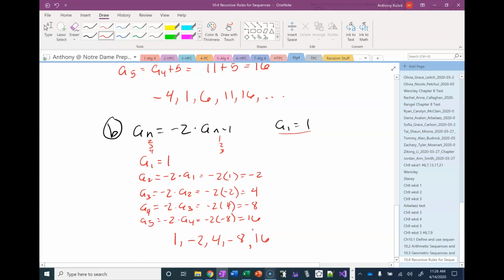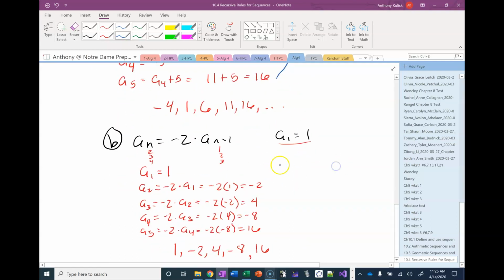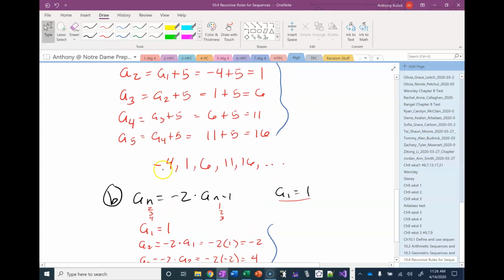So right away, it should appear to you that it's really easy to do this sort of thing. And in fact, we don't even really need to write out all of the work we've written out here and here. I was just writing this out to help illustrate the formula.